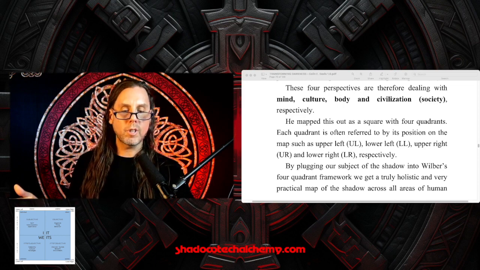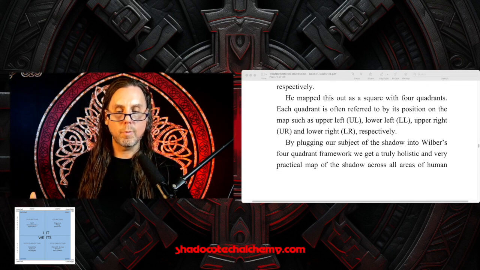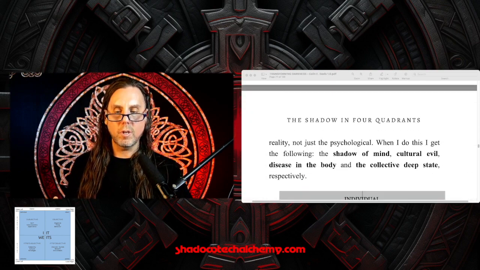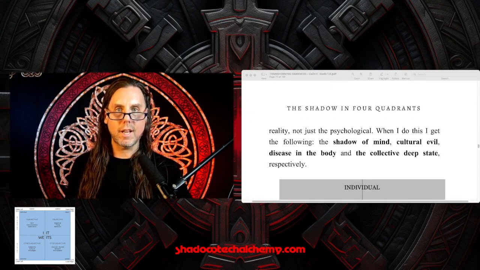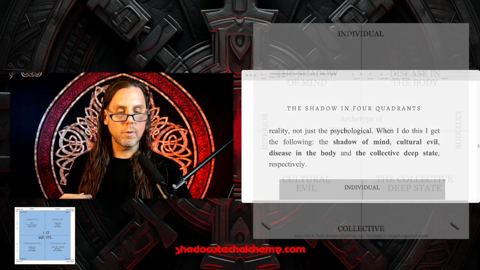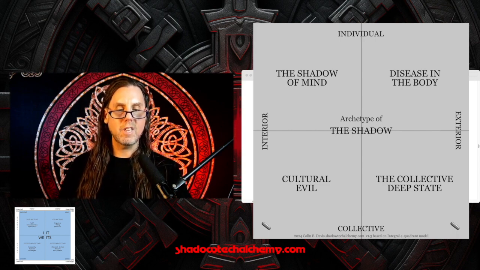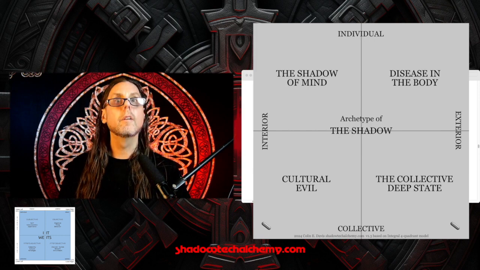By plugging our subject of the shadow into Wilber's 4-quadrant framework, we get a truly holistic and very practical map of the shadow across all areas of human reality, not just the psychological. When I do this, I get the following: the shadow of mind, cultural evil, disease in the body, and the collective deep state, respectively.